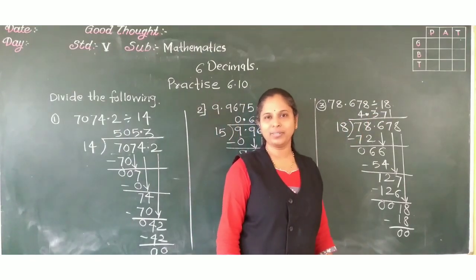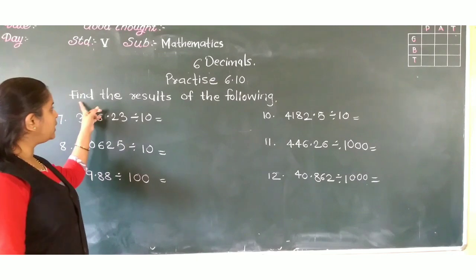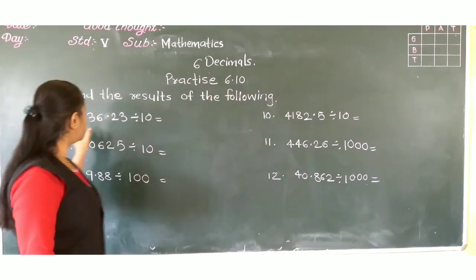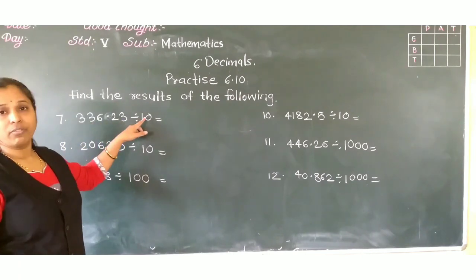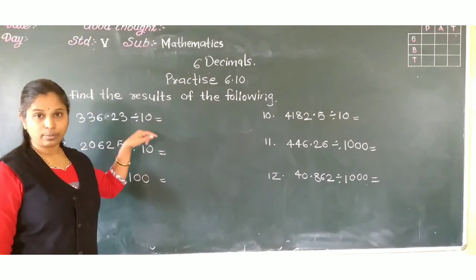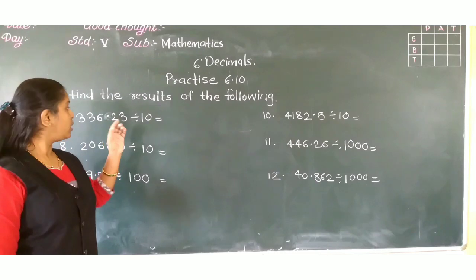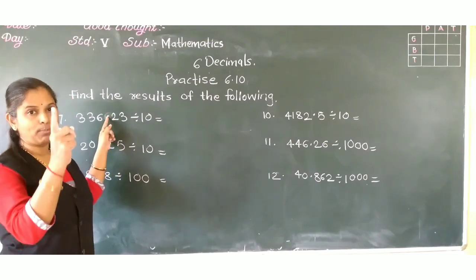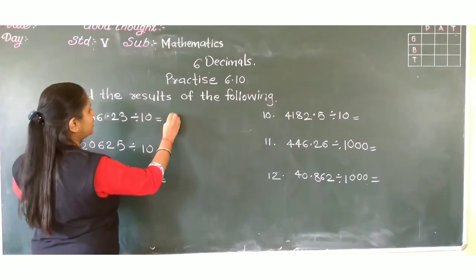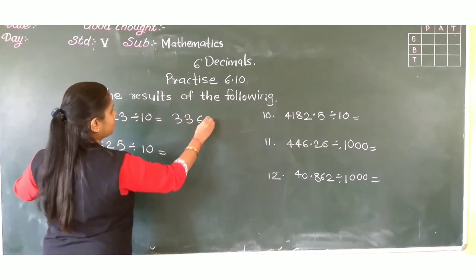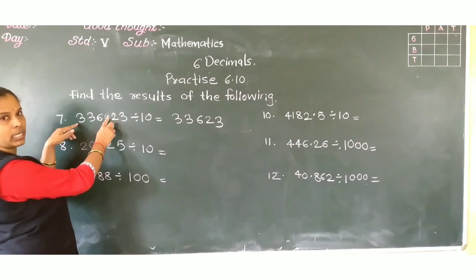Now see next, find the results of the following. The seventh one: 336.23 we have to divide by 10. That means we will shift the decimal point by one place to the left side. So write this number as it is. Now where is the decimal? Here.